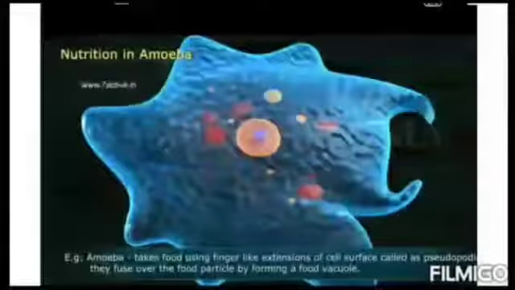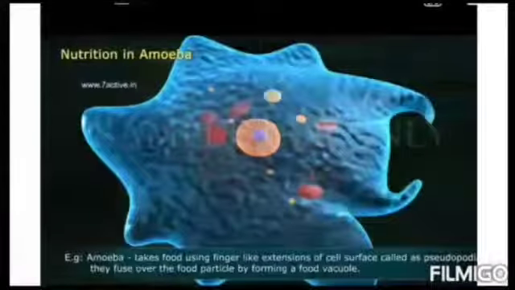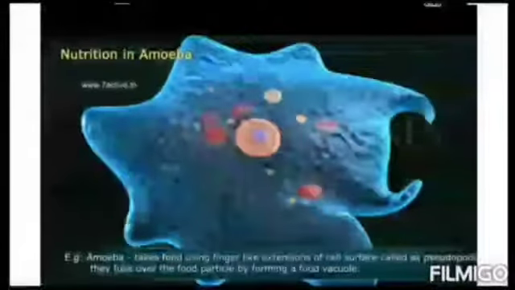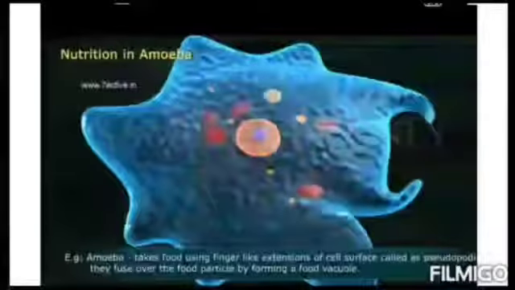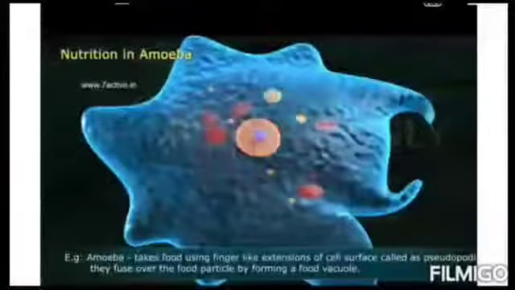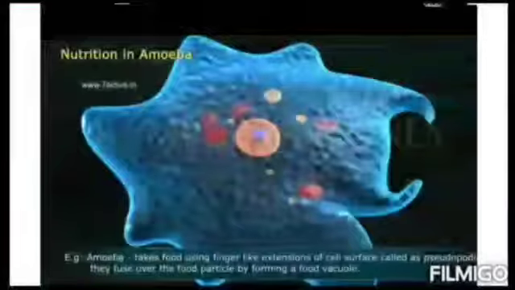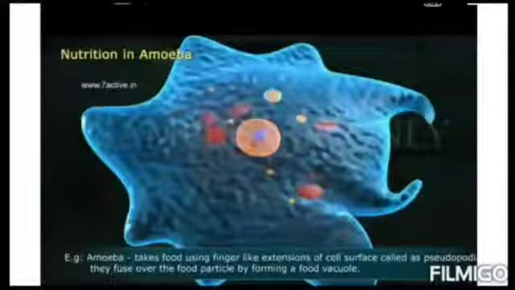Amoeba is a microorganism which has only one cell. Its body is made up of a single cell. Amoeba has all the components of a cell: a cell membrane, jelly-like cytoplasm and a few organelles floating in it.